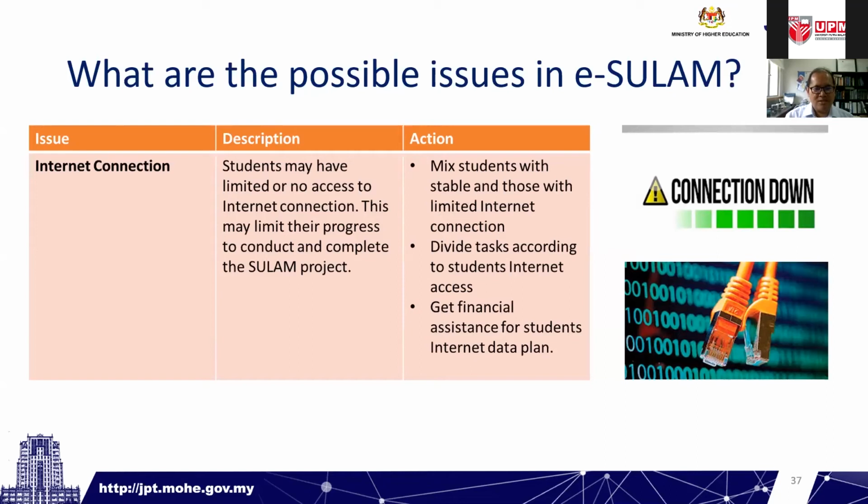You'll have to mix students with stable and those with limited internet connection to ensure the smooth progress of the discussion or the progress of the SULAM project. And you have to divide tasks according to students' internet access.